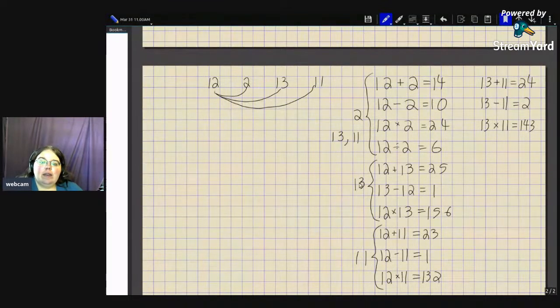Now, on the other hand, if I pair the 12 with the 13, my other 2 numbers are 2 and 11. So let's see. 2 plus 11 would be 13. So I can get back to 12, but I don't see how to get back to 24. 11 minus 2 would be 9.